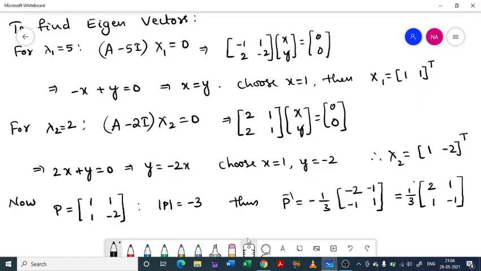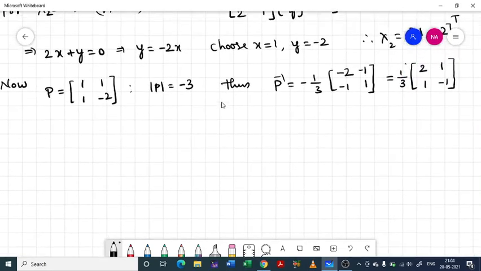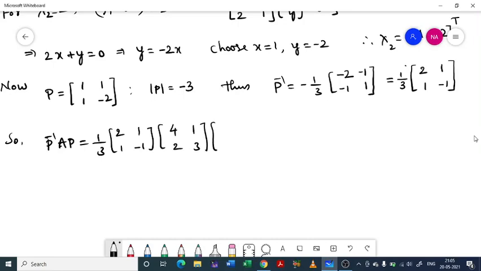Now P inverse AP. So P inverse AP equal to 1 by 3 into [[2, 1], [1, minus 1]] times A, which is [[4, 1], [2, 3]], times P, which is [[1, 1], [1, minus 2]].